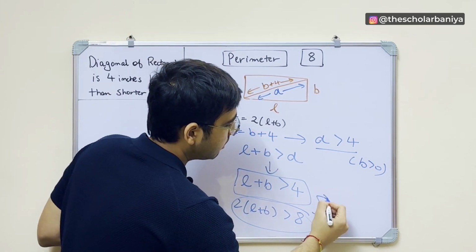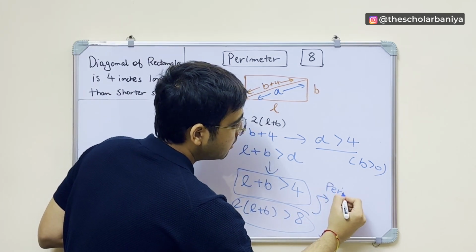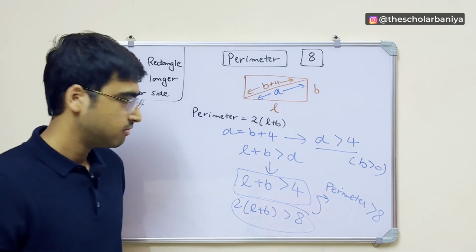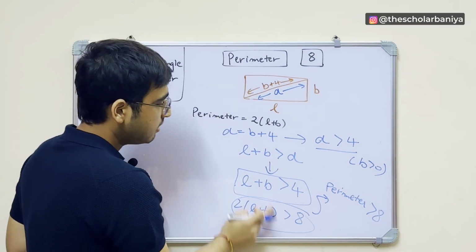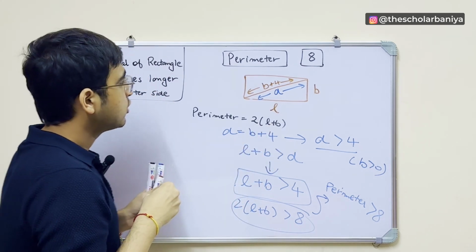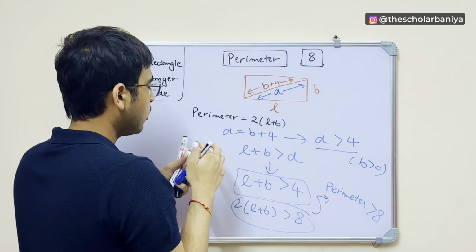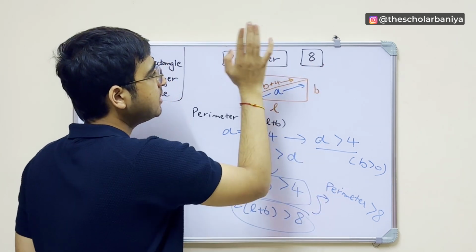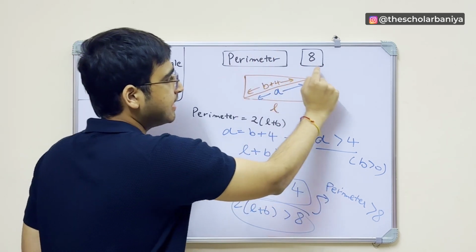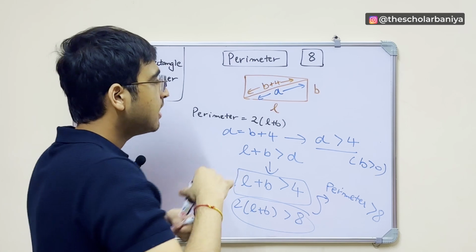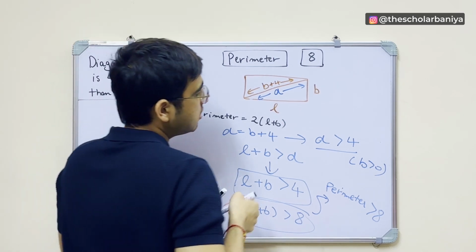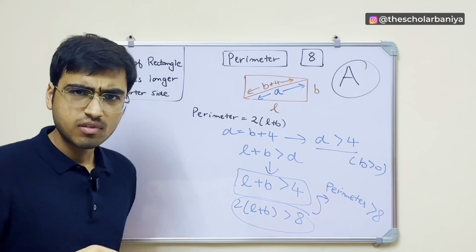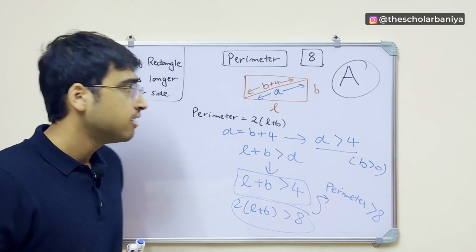This is the perimeter, which means the perimeter is greater than 8, right? Which means the left hand side is greater than the right hand side, and that is why your answer becomes A.